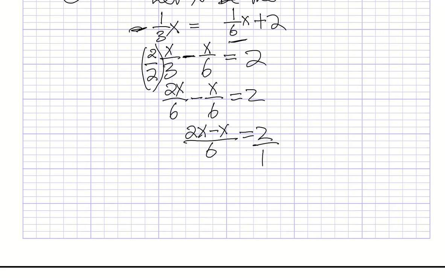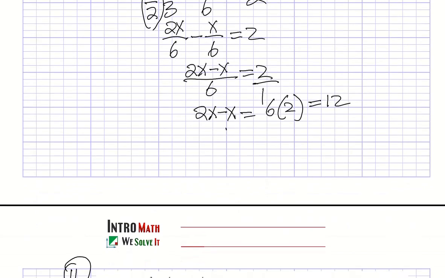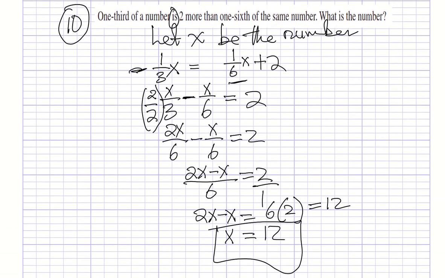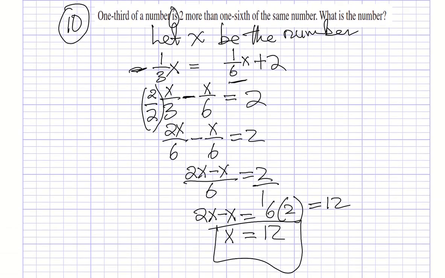You cross multiply, you get 2x minus x equals 6 times 2, which is 12. Simplify, x equals 12. That's what we're looking for. Once you get x equals 12, what do they want us to do? Yeah, the number is 12. There's nothing else you can do.